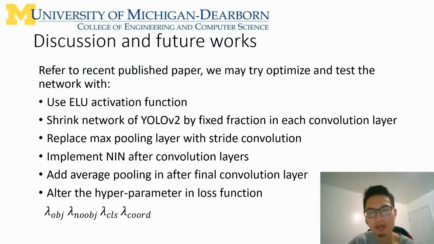Referring to recently published papers, we may try to optimize and test the network using the following methods: using a ReLU activation function and shrinking the network of YOLO version 2 by a fixed fraction in each convolution layer instead of using the whole architecture of tiny-YOLO; replacing the max pooling layer with a strided convolution layer and implementing network-in-network after convolution layers in tiny-YOLO; adding average pooling after the final convolution layer; and altering hyperparameters in the loss function during training.